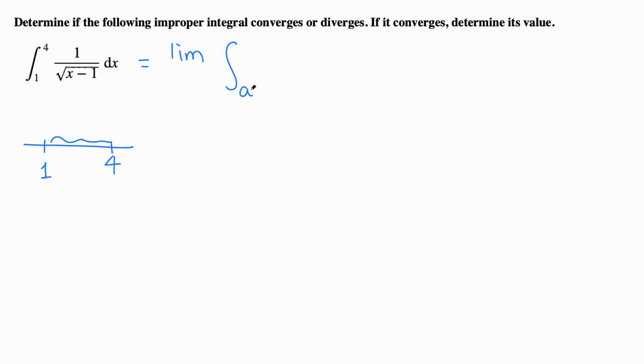Let me put a through 4, 1 over root x minus 1 dx, and this a should be going to 1, because I'm just replacing 1 by a, and later we let a go to 1, but it should go from the right side, because we are looking at 1 through 4, a plus. Let's evaluate this integral, then we take this limit, a going to 1 from the right side.